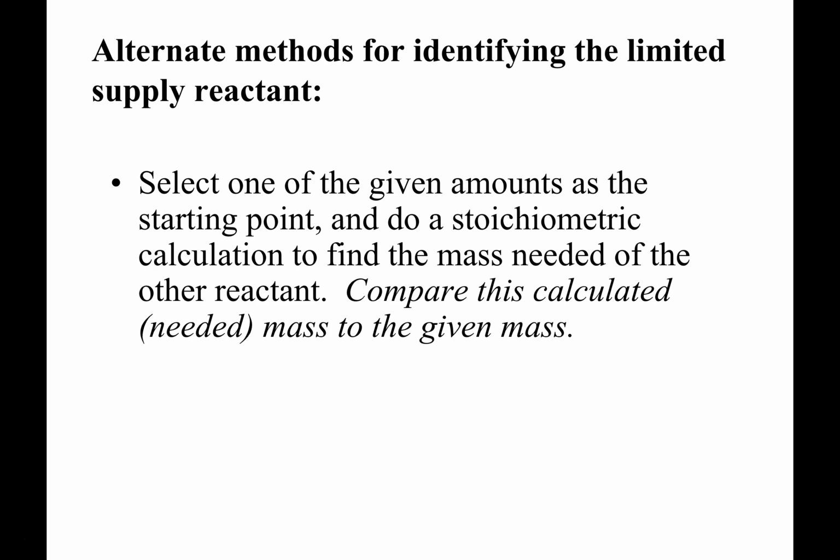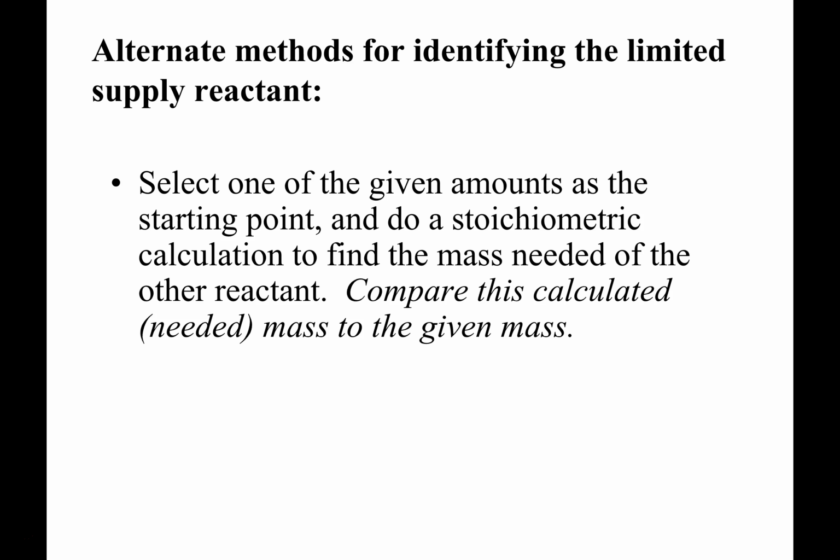So there are two other ways. This is like the need and have ratios, comparing them. One of these is, if you have 2 reactants, pick one and see how much of the other you would need, and then make a conclusion from there.